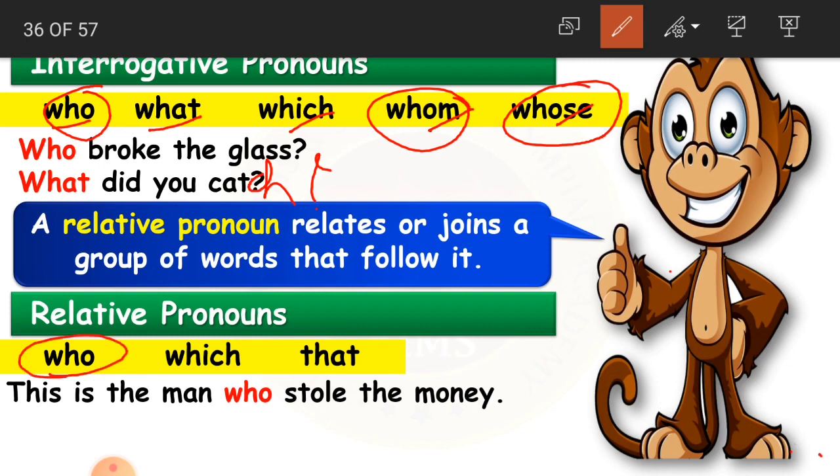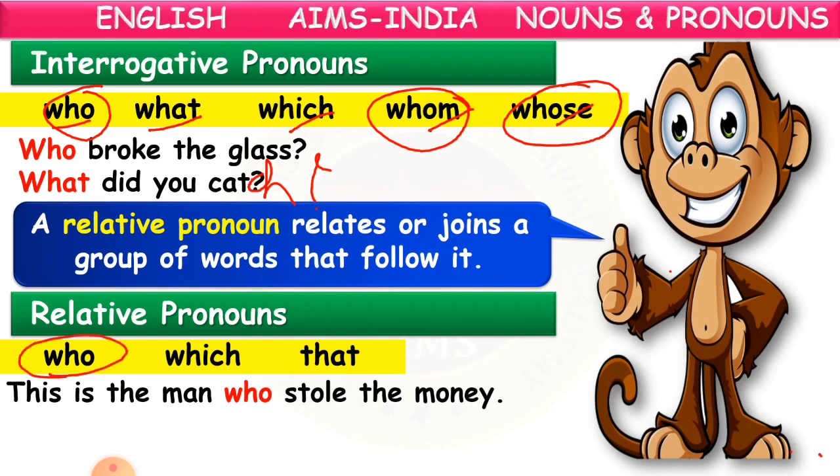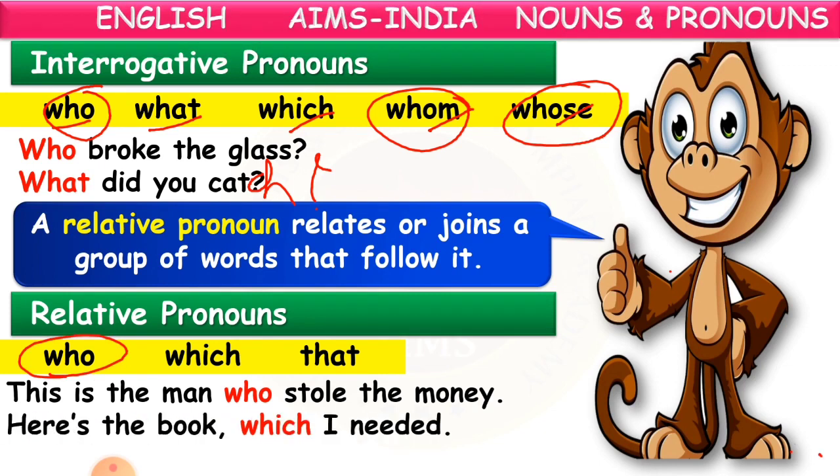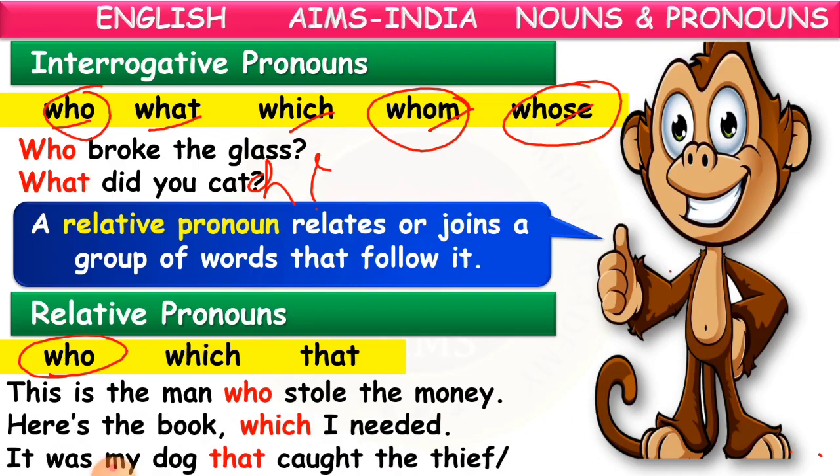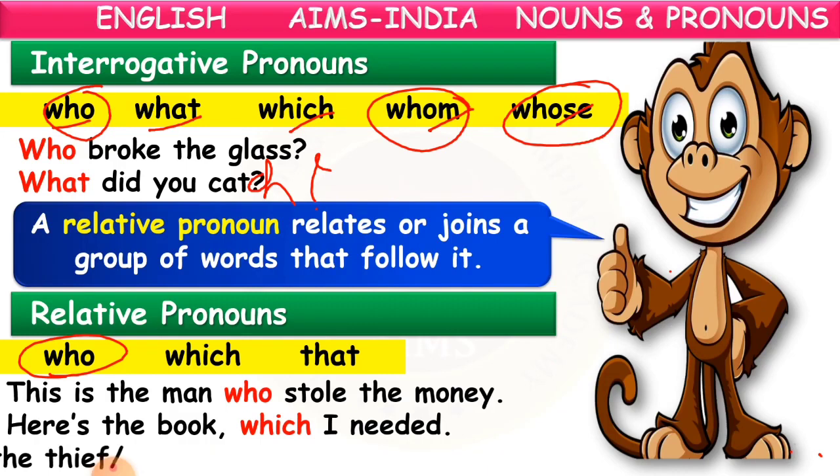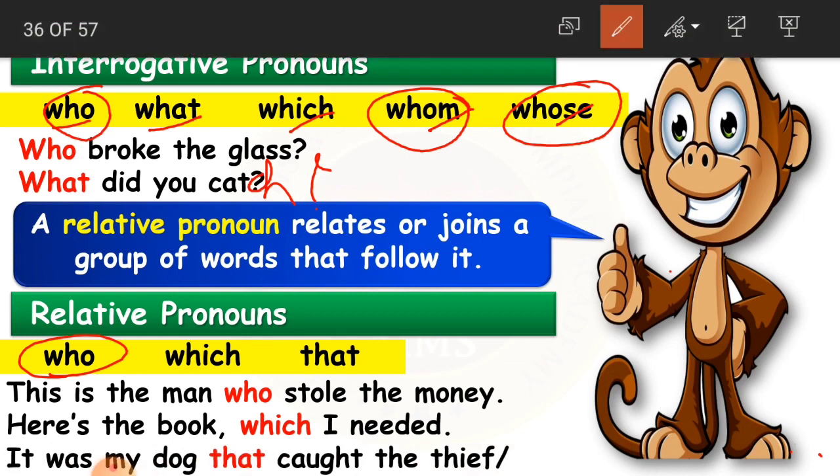Then the next one, what did we learn? Which and that. Which also refers to an object, a thing. Like in the sentence, here's the book which I need. We are referring to the book here. Book is an object, a thing. That is why which is used to refer to a thing.